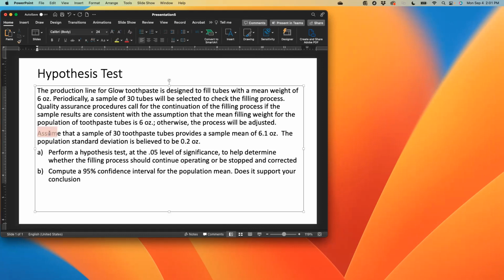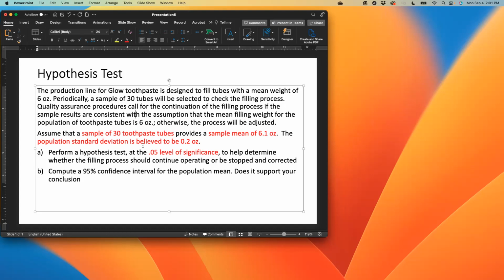I think this second sentence gives us a lot. We see that the sample size is 30. We also see that the sample mean is 6.1 ounce. And we see that the population standard deviation is 0.2 ounce. And then also we see our level of significance, which is 5%. Those are the different parameters we need to extract from the problem.